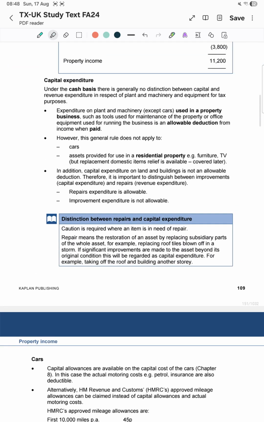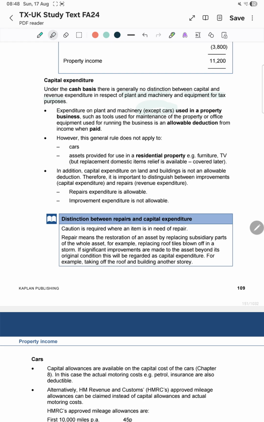Then capital expenditures. Under the cash basis, there is generally no distinction between capital and revenue expenditure in respect of plant and machinery and equipment for tax purposes. Expenditure on plant and machinery except cars. Why except for cars? For cars, it could be either capital allowance or the mileage allowance.